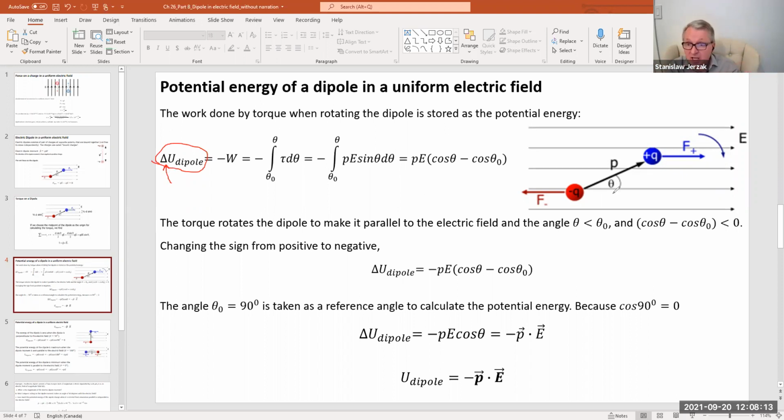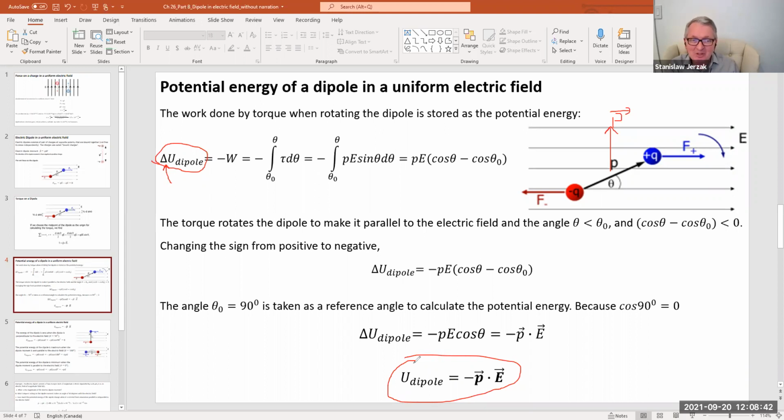For the dipole, the reference level is when the dipole is perpendicular to the electric field. That's the reference energy, right? Because when the dipole is perpendicular, cosine of 90 is 0. So that's our reference level, and using this expression we always calculate energy relative to that 0 energy when the dipole is perpendicular to the field.